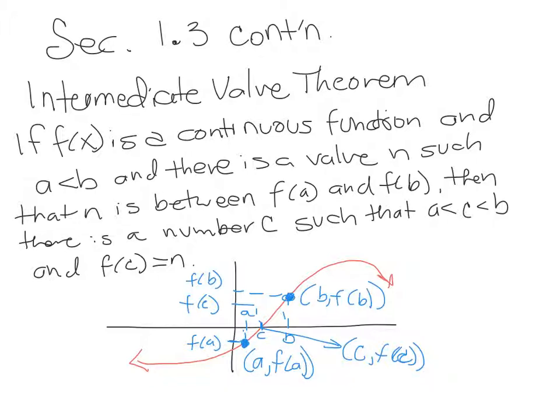This corollary says that if f of x is a continuous function, and you can find f of a and f of b, and these two y values have opposite signs, so one is positive and the other is negative, then there's going to exist at least one value c between a and b such that the function is equal to 0.